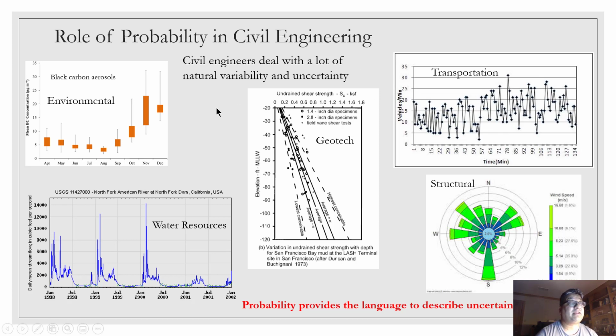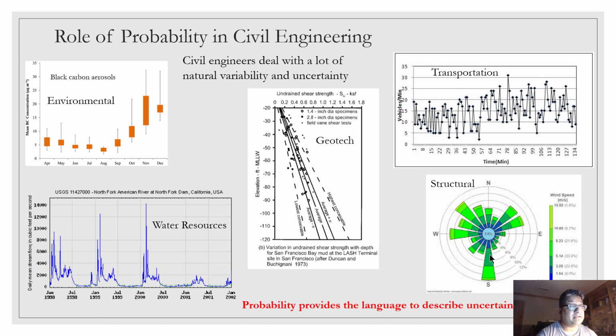So regardless of the discipline, you're going to see variability, and what probability does is it provides us with a language to analyze this type of data and get insights from it, that we can then use to design our systems so that they can function across the variability that we see in our systems.